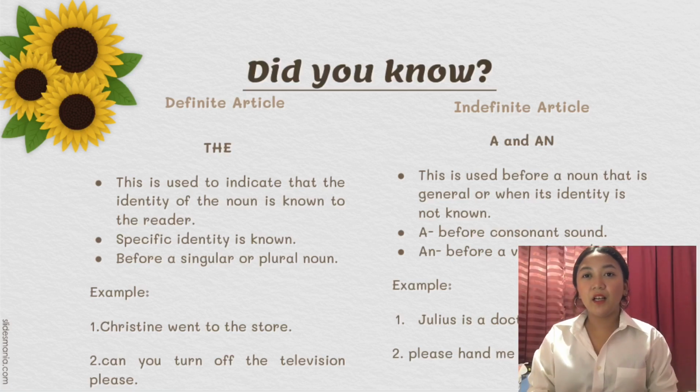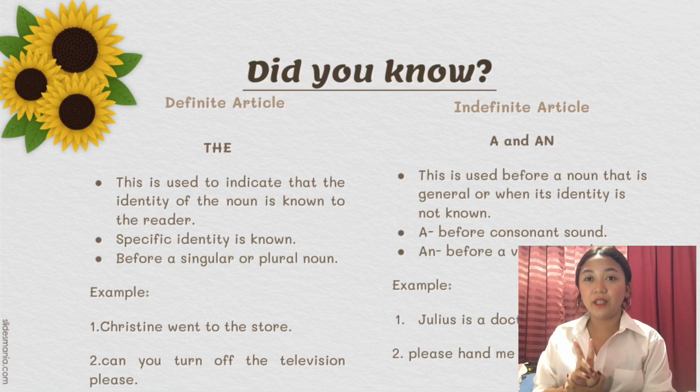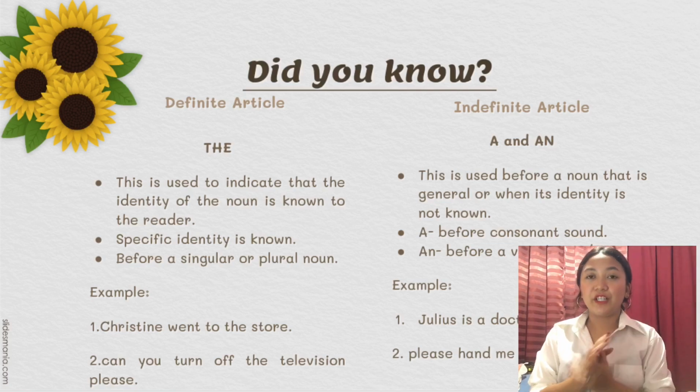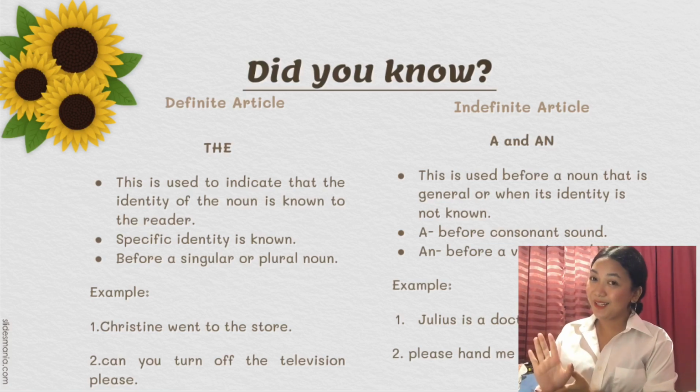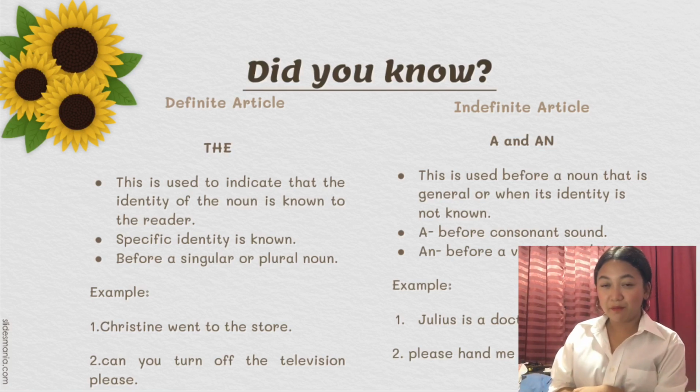In using the indefinite articles a and an, we have two different nouns that should be looked at. First are the count nouns and uncount nouns: count nouns can be counted with your hands, while uncount nouns cannot be counted by our eyes.